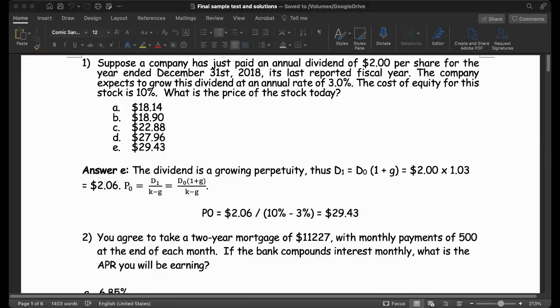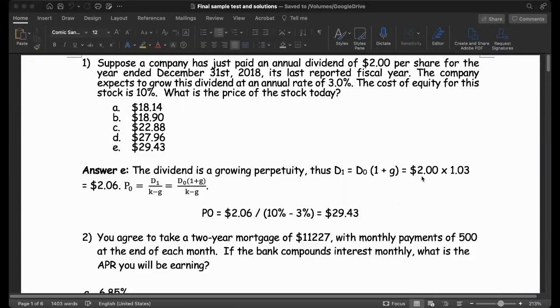If you look at the final exam formula sheet in chapter 6, you will see the formula for calculating P0, the current stock price. It's going to be P0 equals D1 over (Rs minus g). We can also use k to stand for Rs. This is also D0 multiplied by (1 plus g) divided by (k minus g), because D1 equals D0 multiplied by (1 plus g).